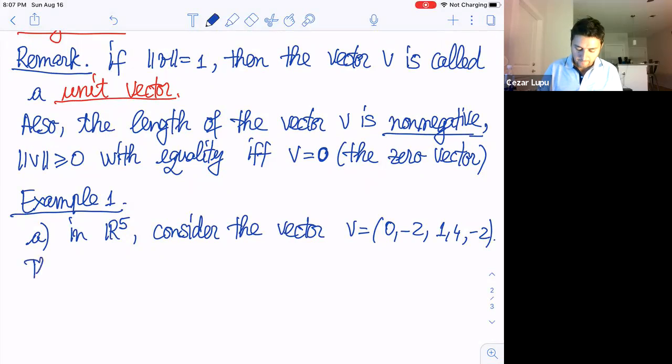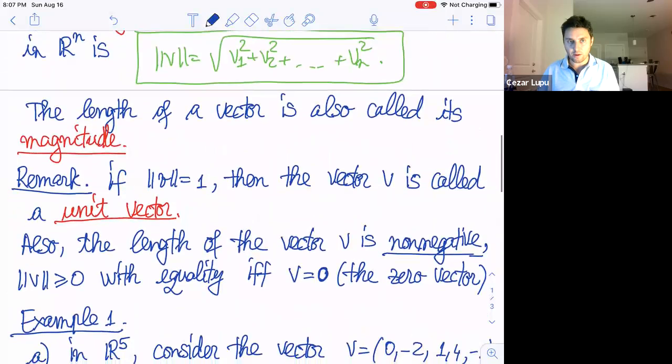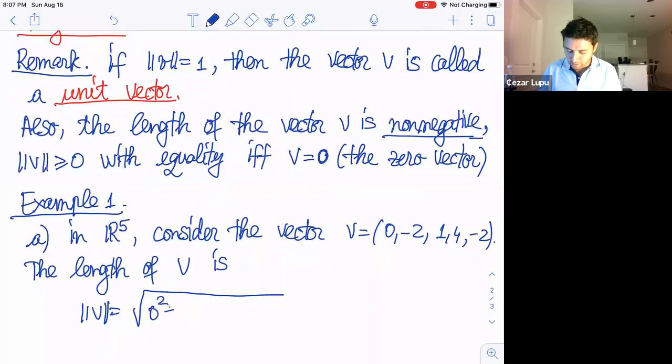The length of v is given by the square root, according to the definition above, of 0 squared plus -2 squared plus 1 squared plus 4 squared plus -2 squared.